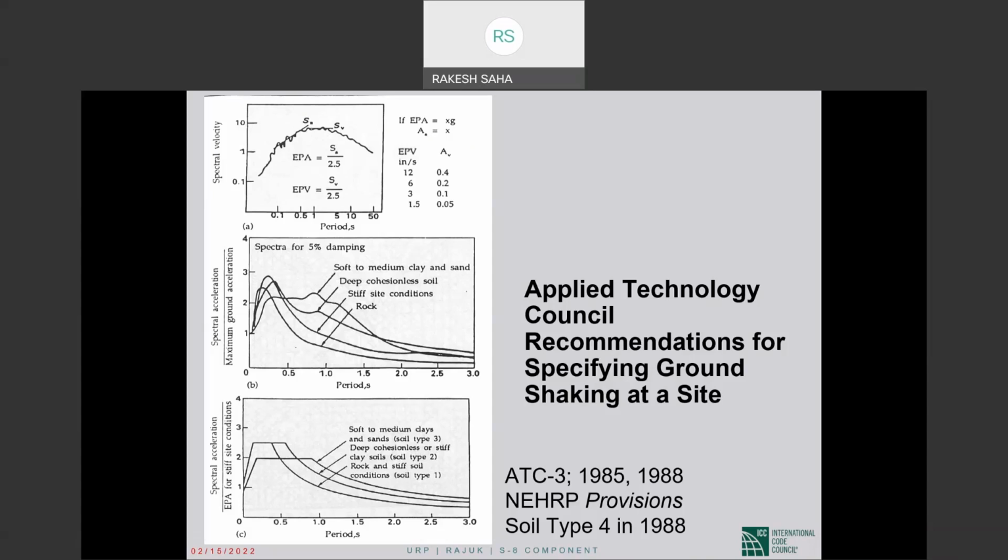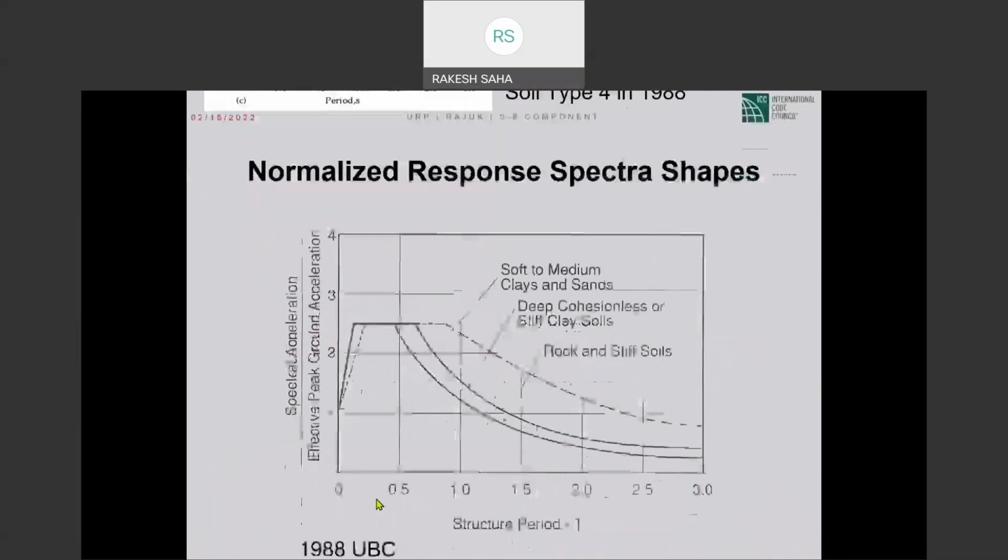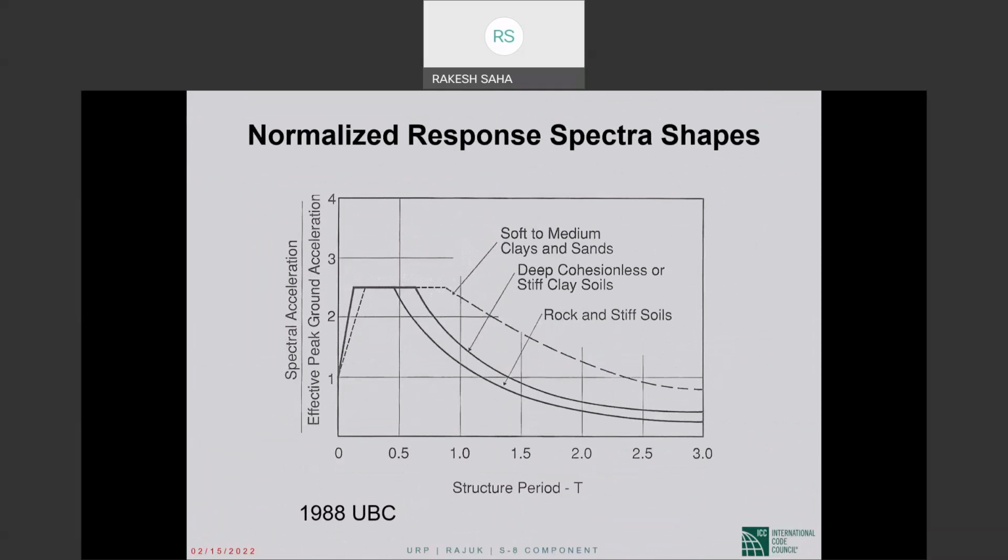The effective peak velocity is the spectral pseudovelocity divided by 2.5. It is a spectral quantity that is close to the peak ground velocity. Okay, so these were the design spectra of the ATC3 document.